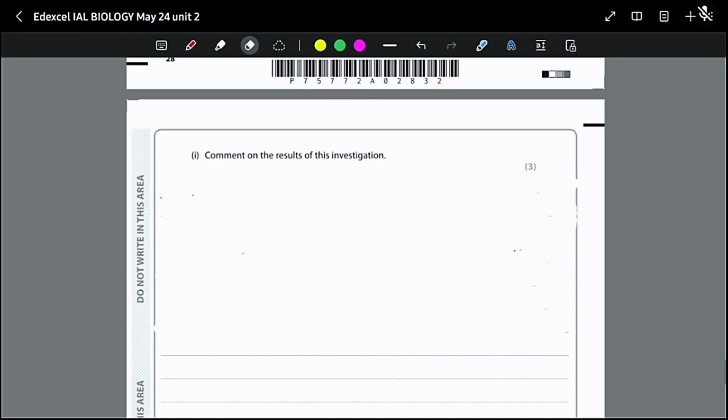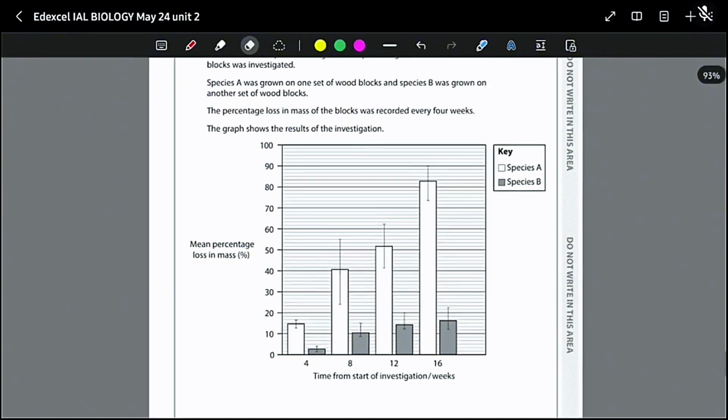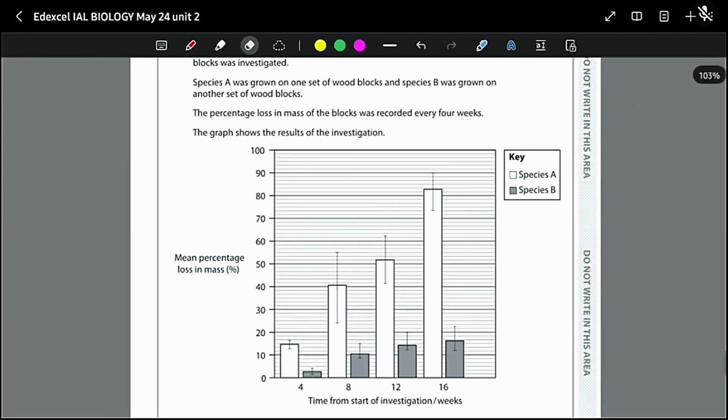And one more important thing to always include is that whenever there are error bars in the question and we have to comment on the results of the investigation or explain the graph, most of the time there are three common points, which we already saw in this question too. First, we have to identify the trend, if it's increasing or decreasing. So here we see for both of them, it's increasing.